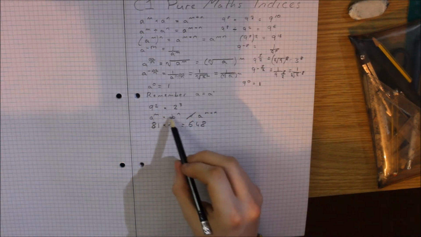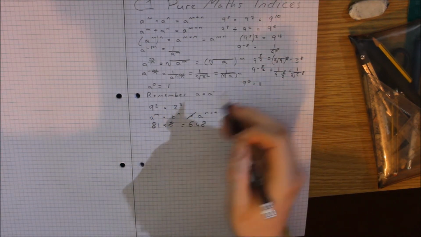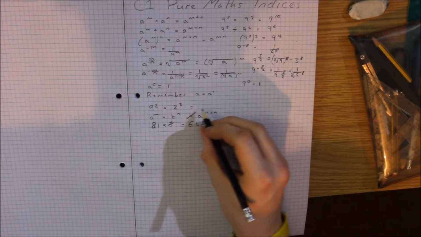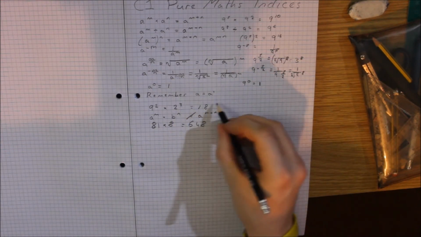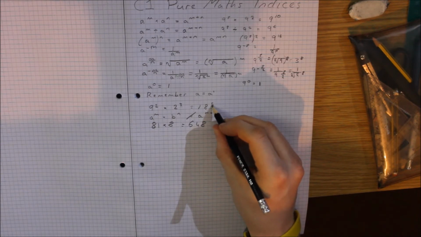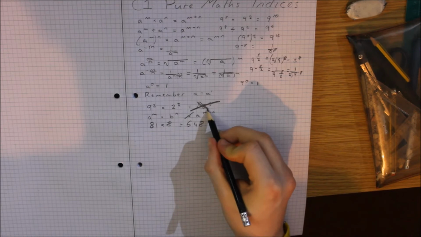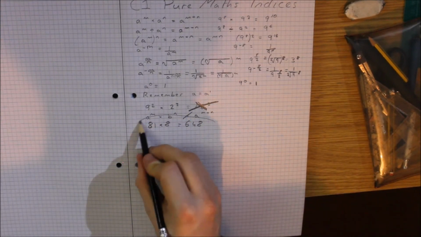And if we did it the other way, we'd get 18 to the power of 5, which does not equal that, so it's incorrect, and this is correct.